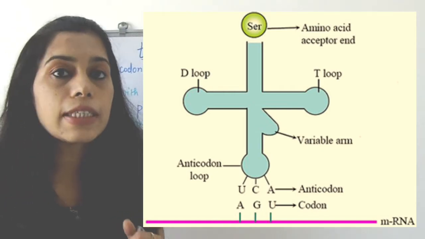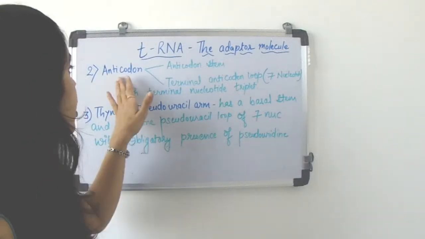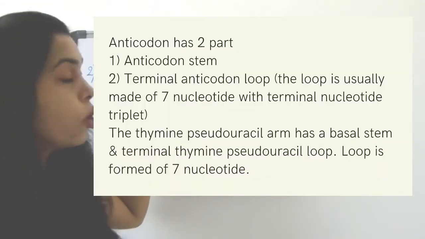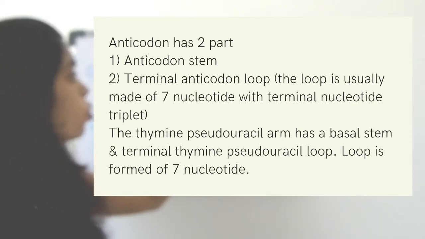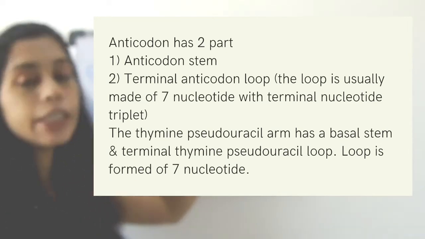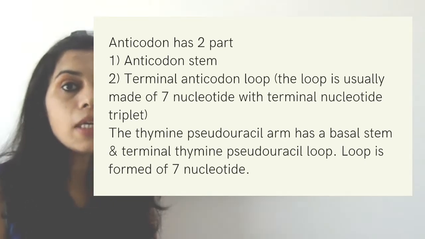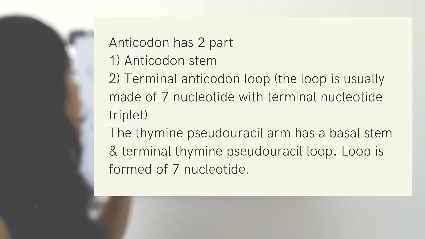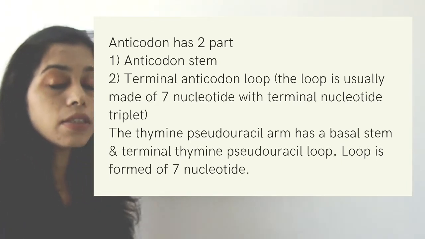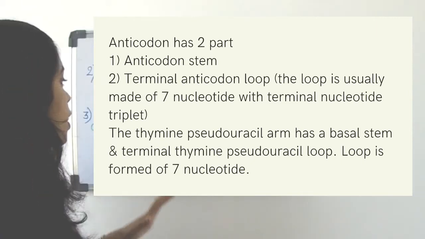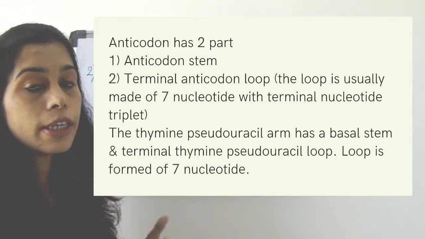So students, the second arm or second structure of tRNA is anticodon arm or anticodon region, which is mainly divided into 2 parts, the anticodon stem and terminal anticodon loop. This anticodon loop is made up of 7 nucleotides with the terminal nucleotide triplets. The third region of tRNA is thymine pseudouracil arm, or it is called T-loop.